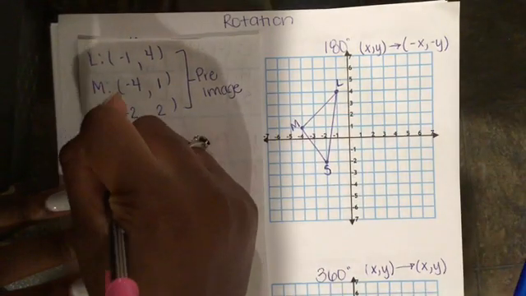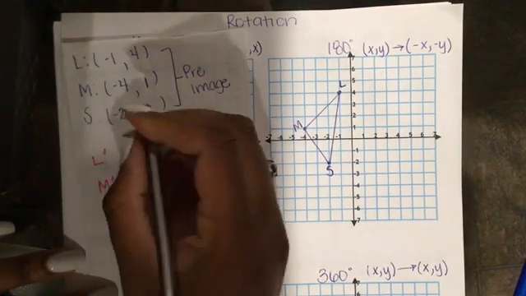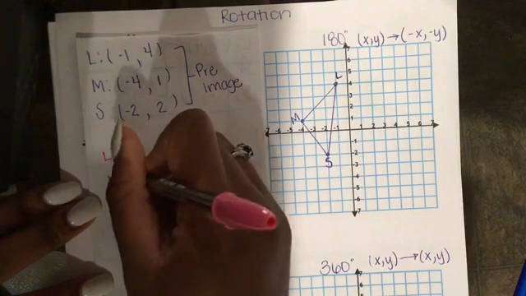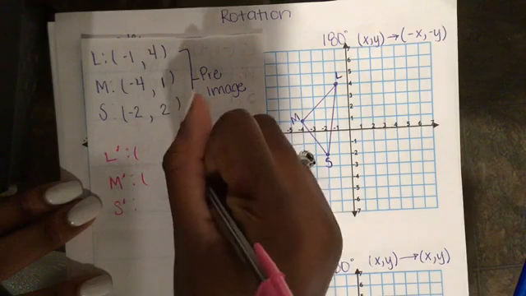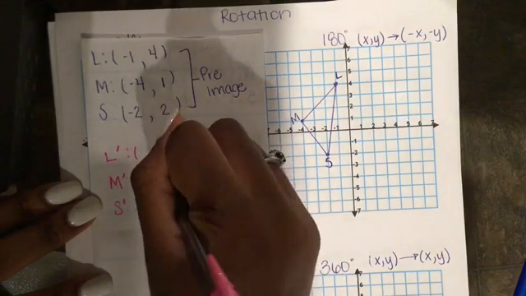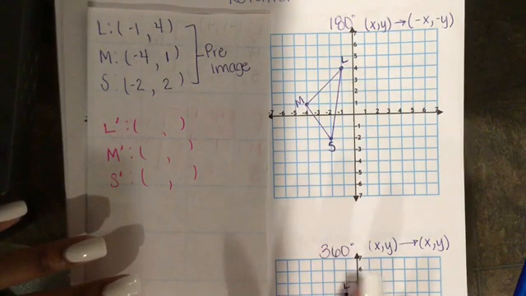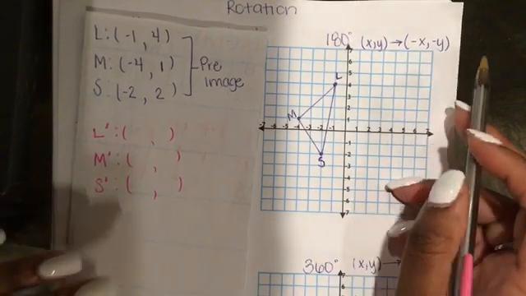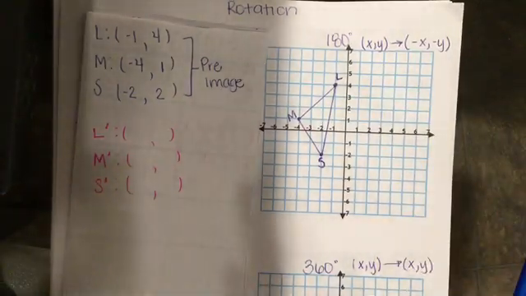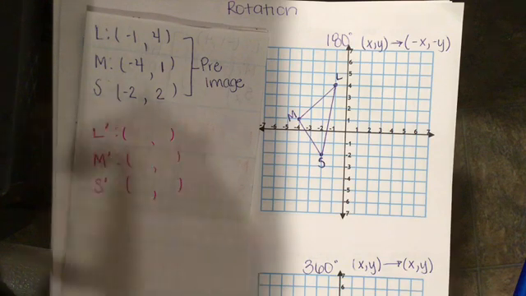So we take our different color. Our rule states that X and Y changes. So if it's positive, it becomes negative. If it's negative, it becomes positive. That's what I mean by changes. They stay in the same exact position. Just their signs change, okay?